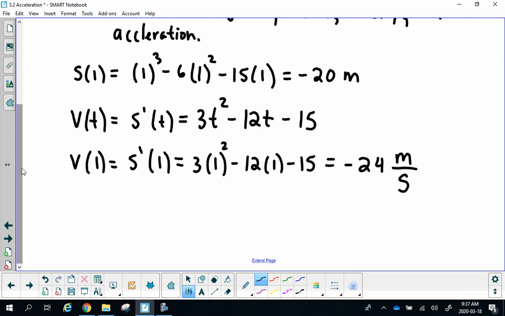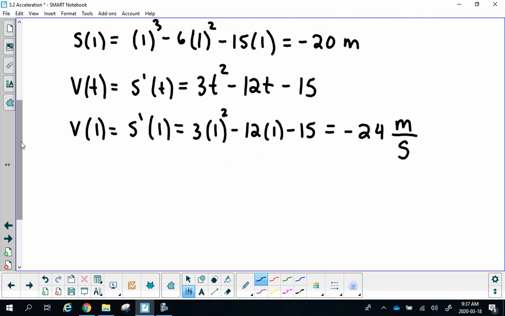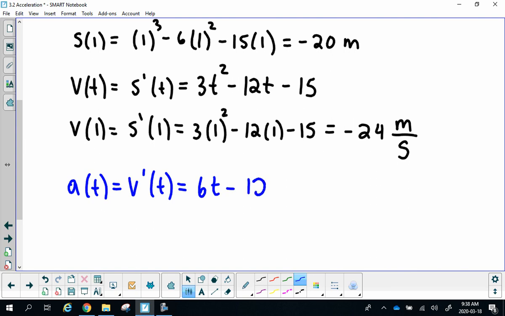Okay. Then we have to look at acceleration. I feel like I need some color in here. Let's add some color. Let's do a of t. Okay, a of t, we said, was the derivative of the velocity function, right? So we're just going to go ahead and take the derivative of our velocity function, aka the second derivative of our position function. So we just take that derivative, so we're going to have 6t minus 12. Okay, and that becomes our derivative.